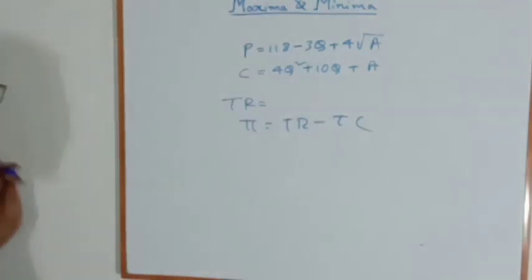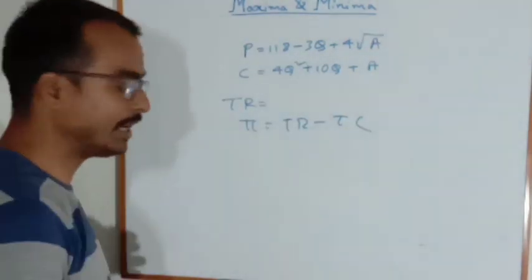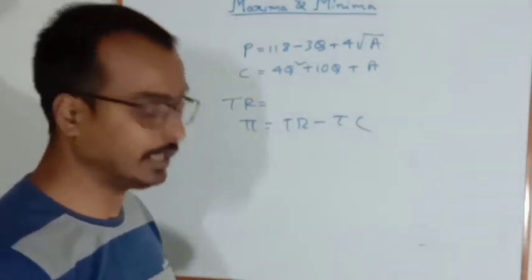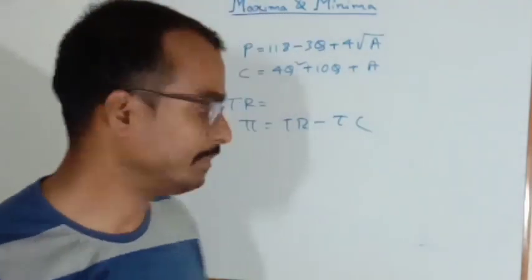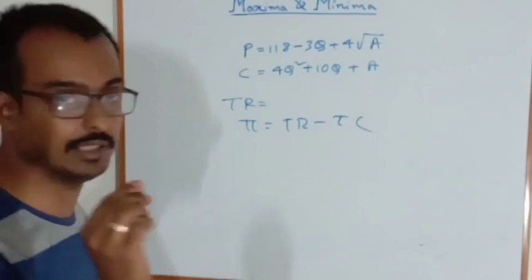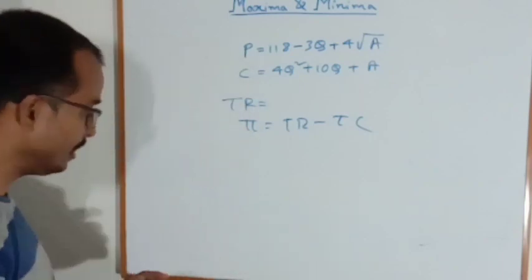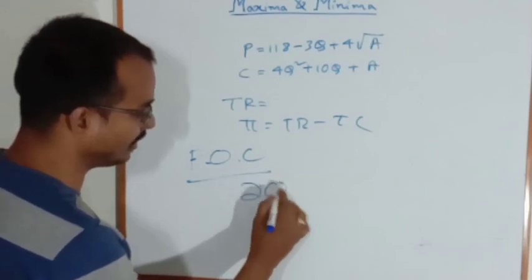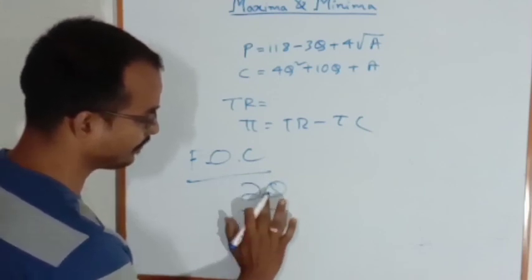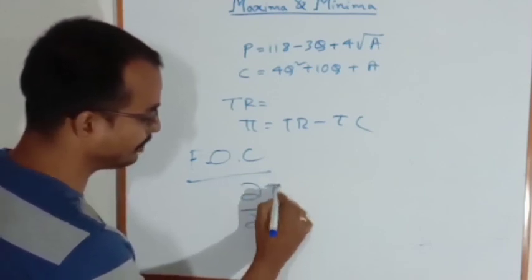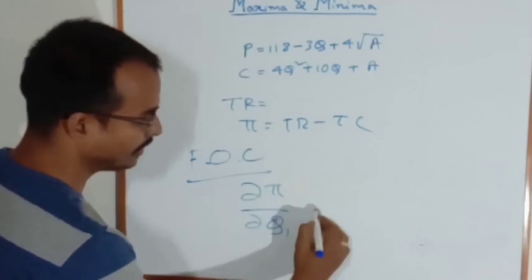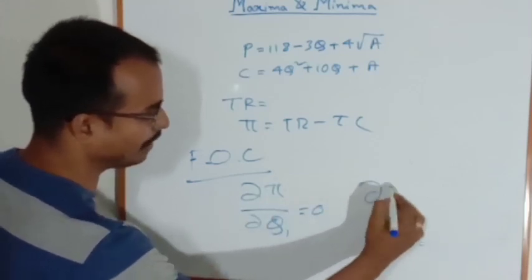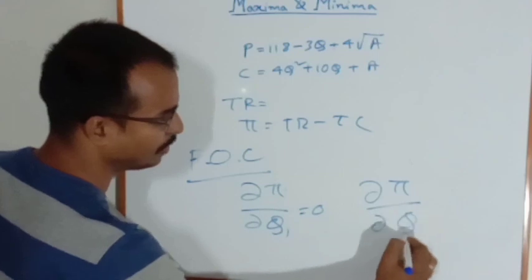If you subtract, you will get your profit equation, and after that you have to go for the order conditions for maximization. Now there will be a little difference. Earlier, the first order condition was del pi by del Q1 equal to 0 and del pi by del Q2 equal to 0.